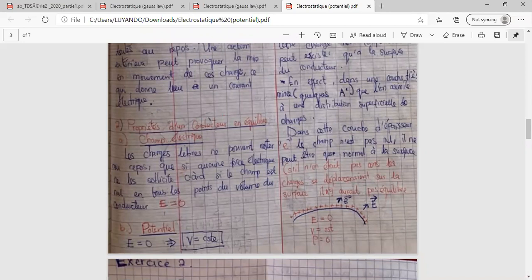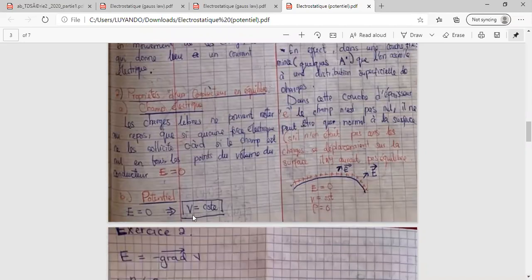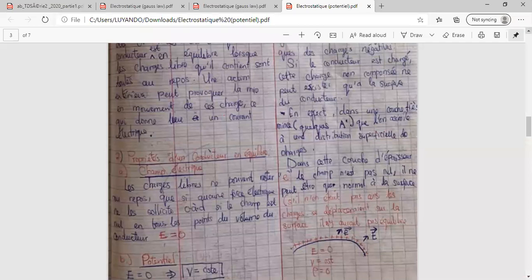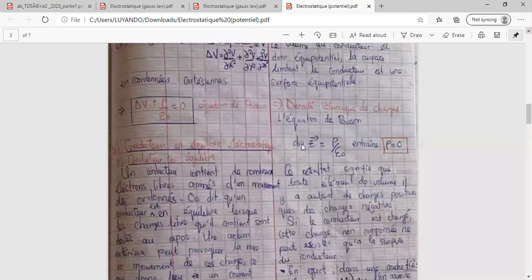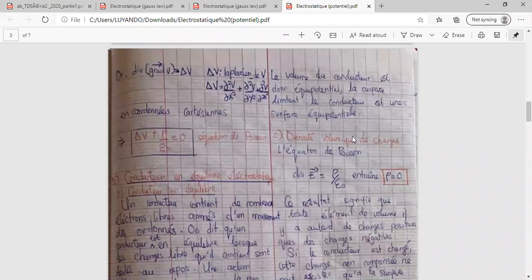And then the potential V is equal to a constant because the field E is equal to 0. From our formula, we can just integrate. If our E is equal to 0, our V is going to be equal to a constant. And then we have the volume charge density, our rho, which is going to be equal to 0.